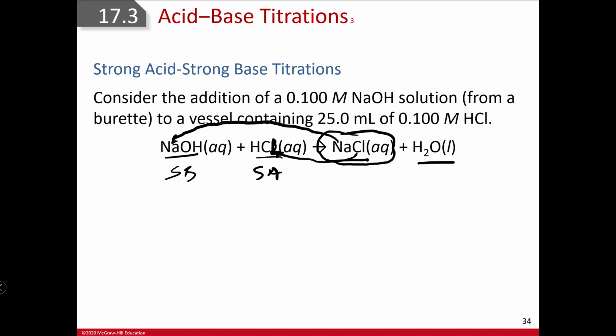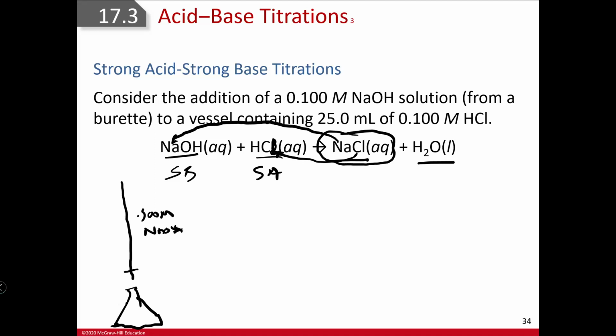So again, if I'm doing a titration, I just draw a picture real quickly. Here's my burette, here's my stopcock, and then we usually use an Erlenmeyer flask. If you just want to use a beaker for your picture, my Erlenmeyer is not the greatest. That's what I would do. And it says consider the addition of 0.1 molar sodium hydroxide solution. So up here, the concentration is 0.100 molar sodium hydroxide.